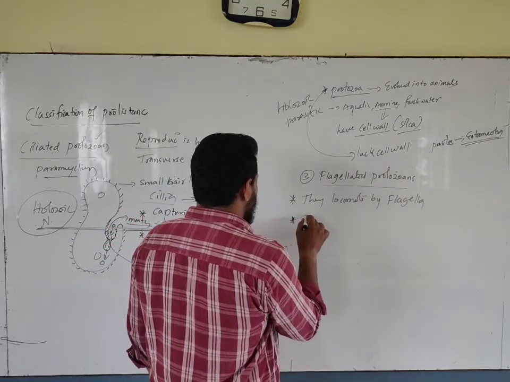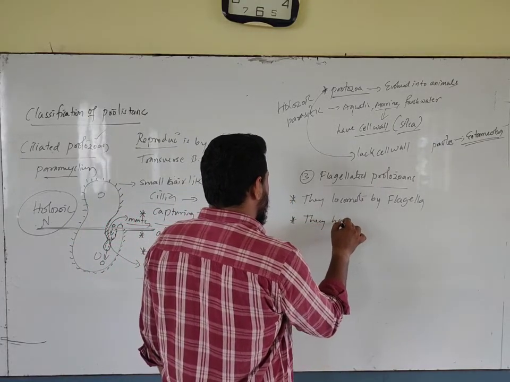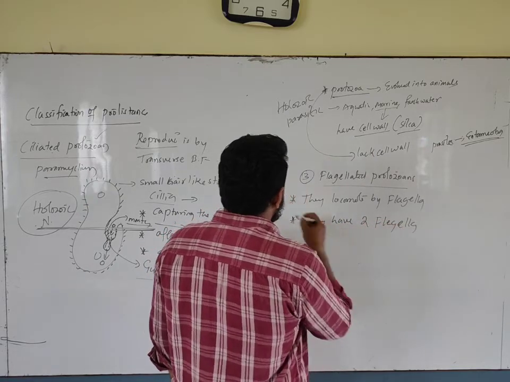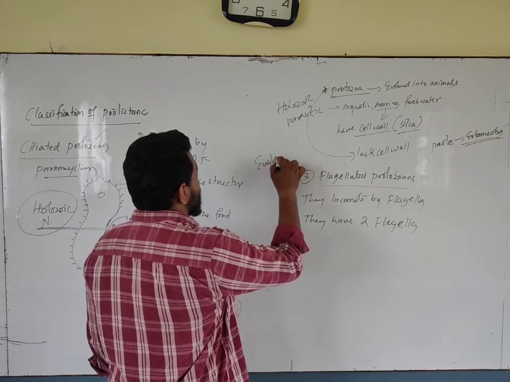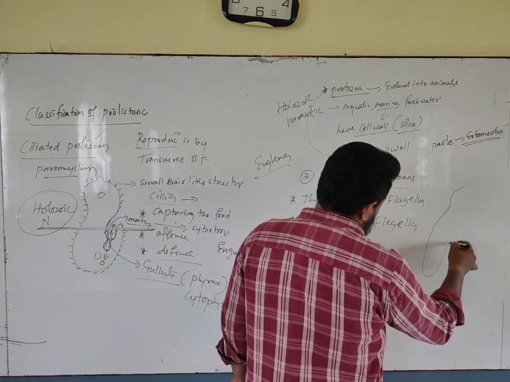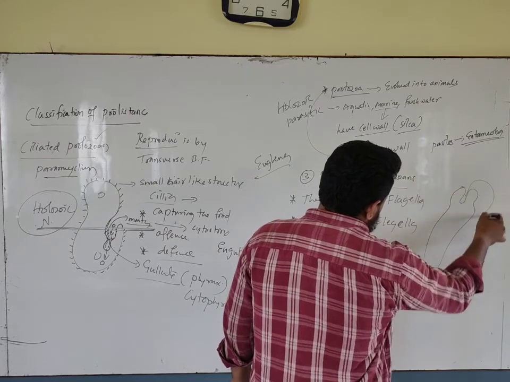So they have two flagella. We can take the example of Euglena, say Euglenoids, or for example Euglena tagori.